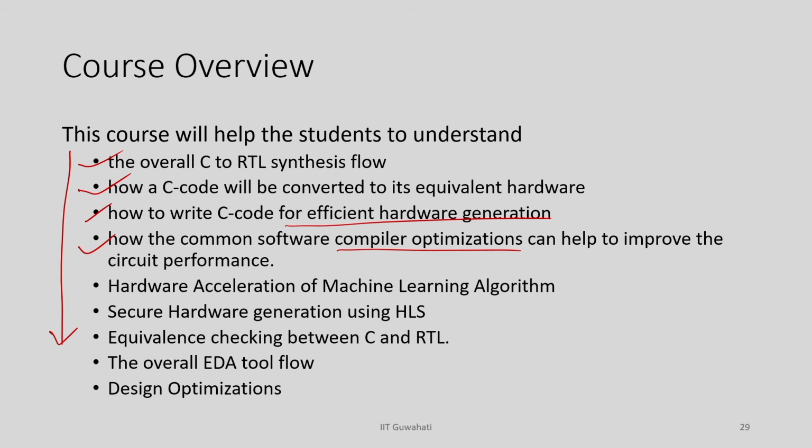I am going to see what the impact of these compiler optimizations is on the hardware. Is it something good, is it something bad? If something is good, I can take it automatically because it is already there, right. I have a C code, I can first apply GCC to optimize it, and then convert the optimized version into hardware, right. So, I am going to cover how common compiler optimizations help improve circuit performance.